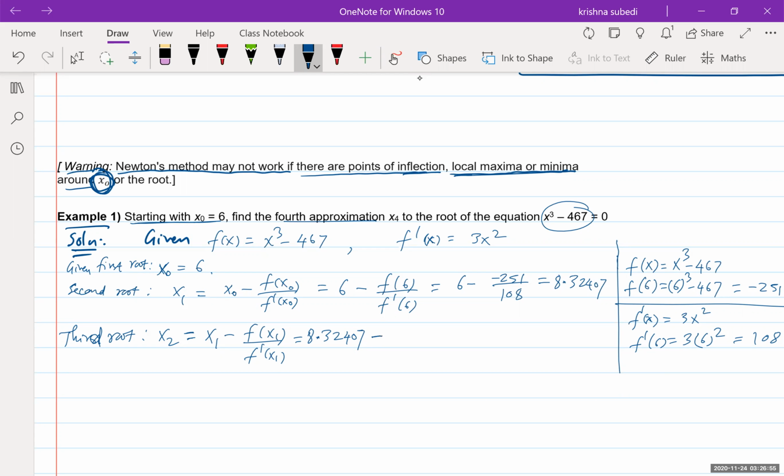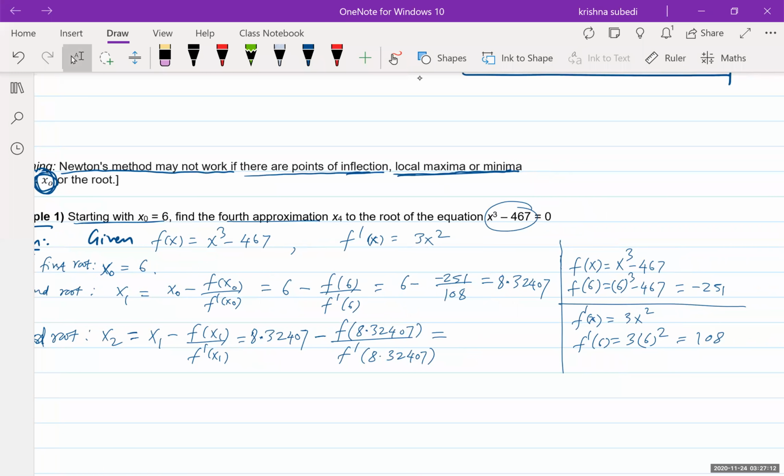Minus f of 8.32407 over f prime of 8.32407. So I want your help, what that will be. I use my calculator directly. Okay, let me see what I got.